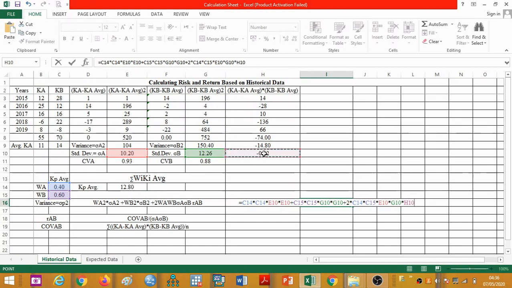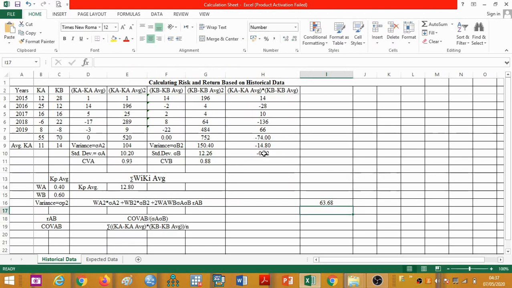And once I enter it, I'll get the variance of the portfolio. So this is the variance of the portfolio. And the standard deviation, it's very simple.